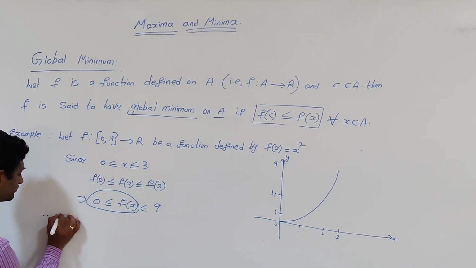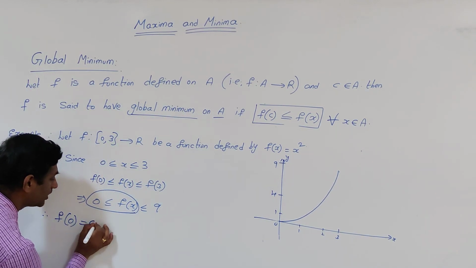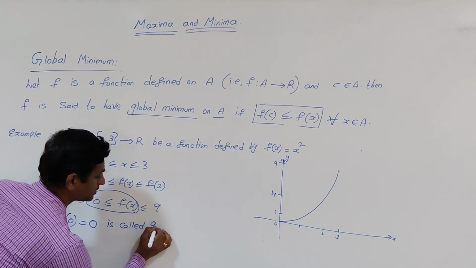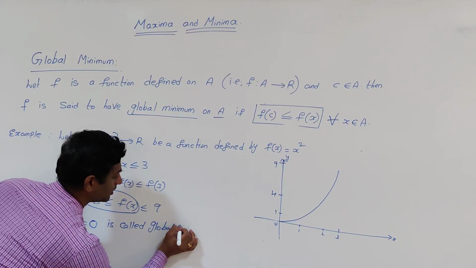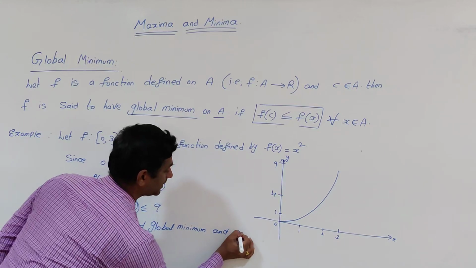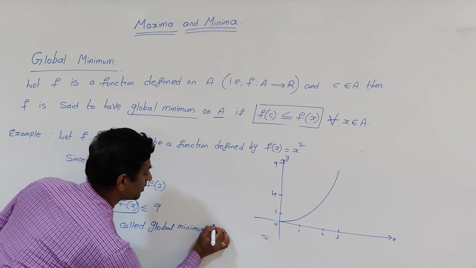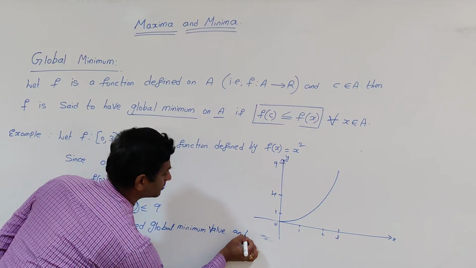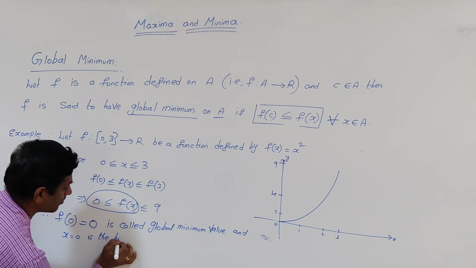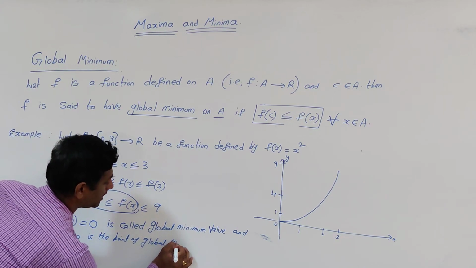So therefore f(0), what is f(0)? 0 itself, 0 square, 0 is called the global minimum value, and x is equal to 0 is the point of global minimum.